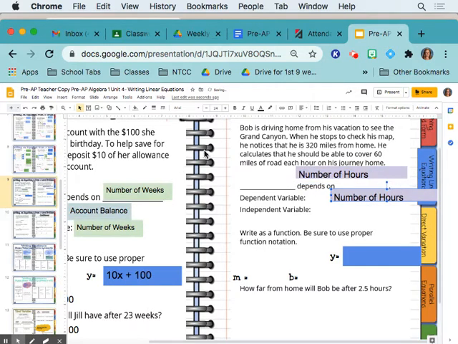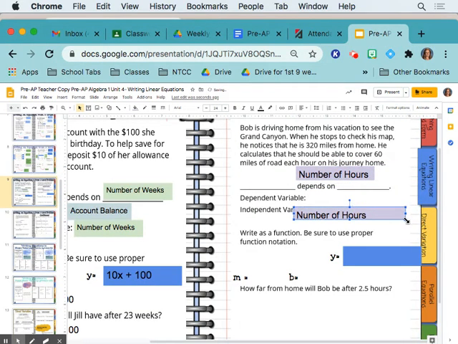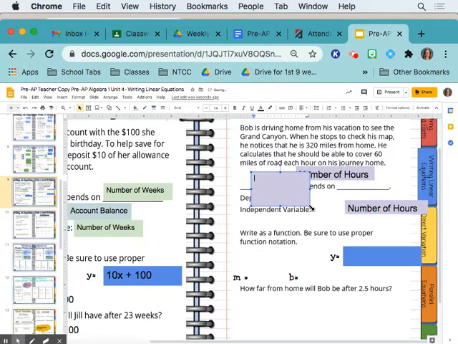I'm going to make two of those because I got to put that in two different spots. I haven't made the miles from home yet. Miles from home.